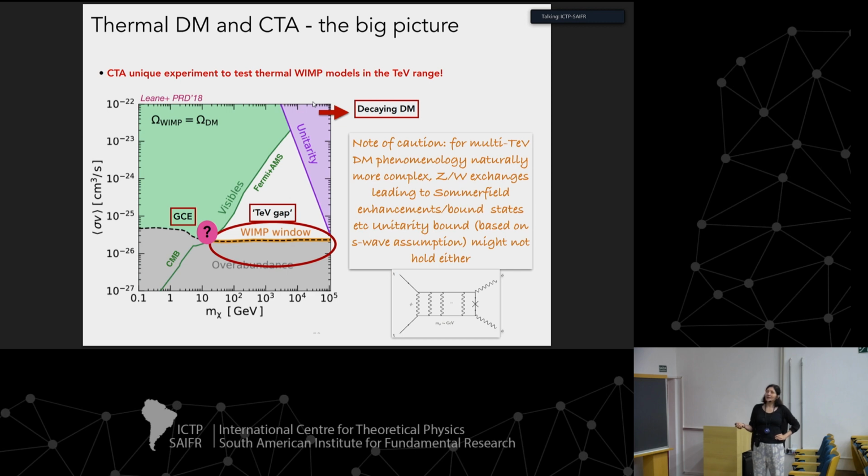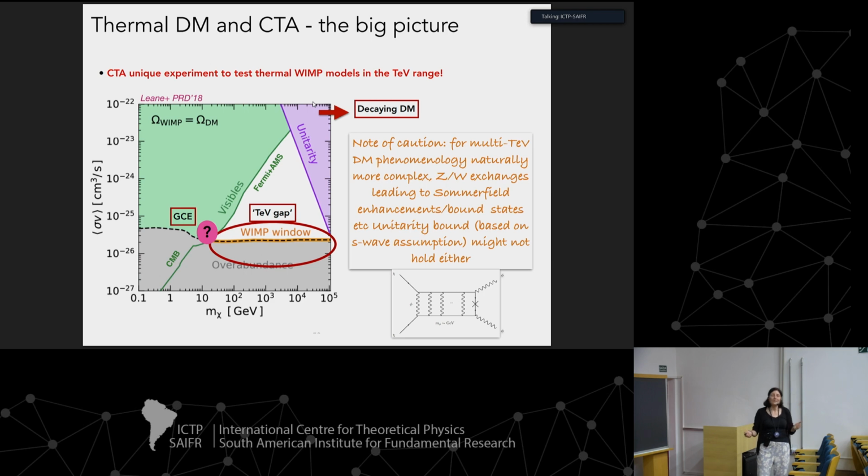So now I'm really getting cornered. But okay, I wanted to say that for TeV dark matter, you should be careful, because in the GeV range it's easy to model the dark matter interactions.